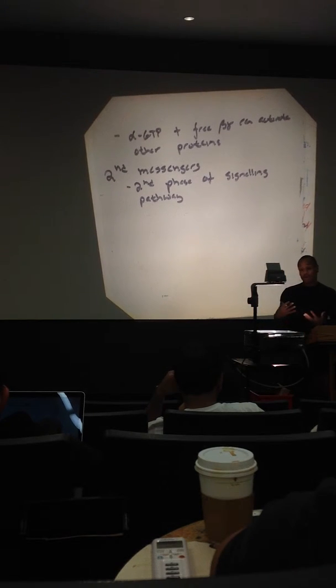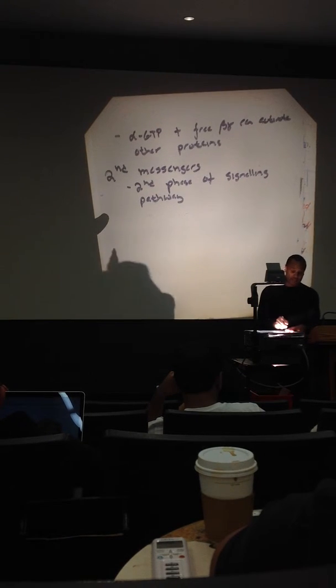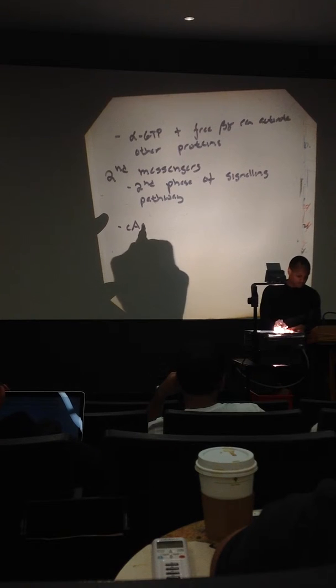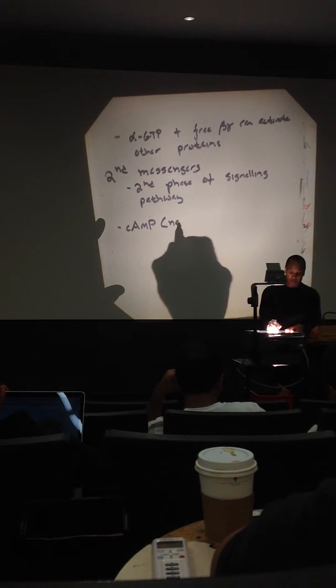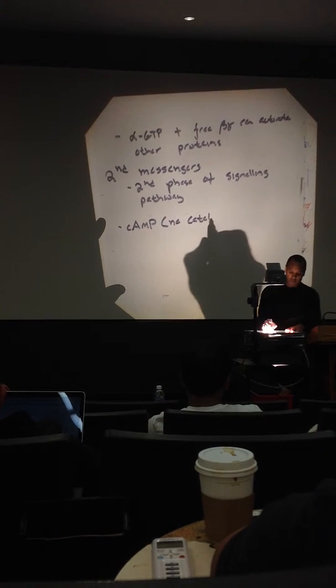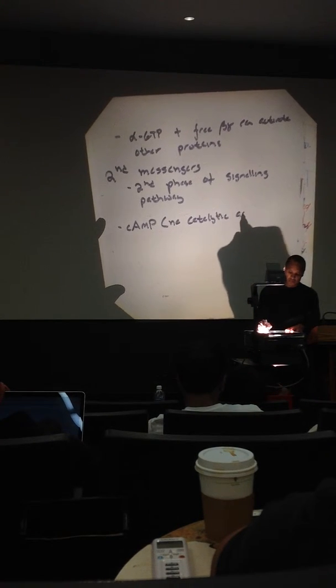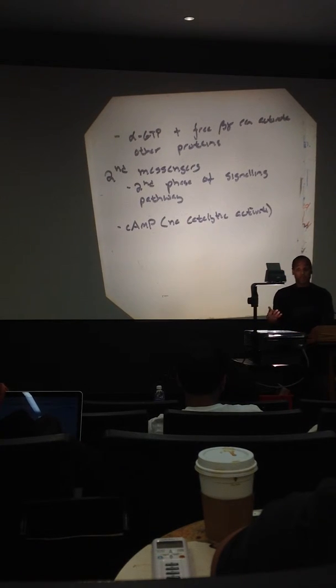So one of the more common second messengers is cyclic AMP. And while cyclic AMP itself has no catalytic activity, it can activate other proteins, specifically protein kinase A.